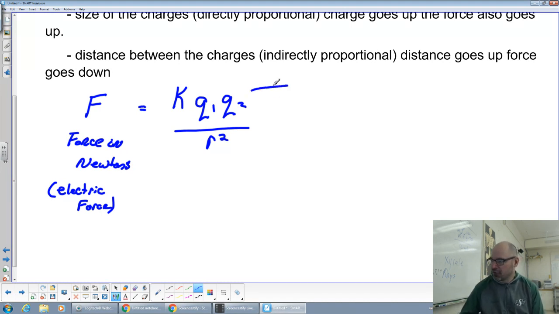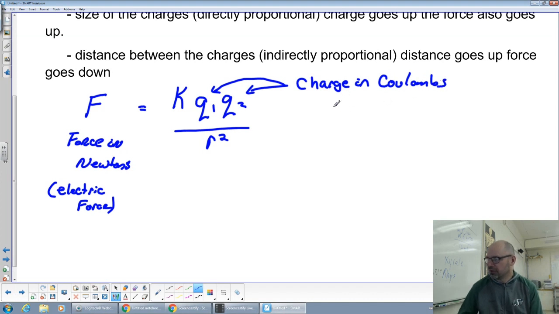So Q1 and Q2, this is the charge in coulombs on each object. Okay, there's two objects we're dealing with.